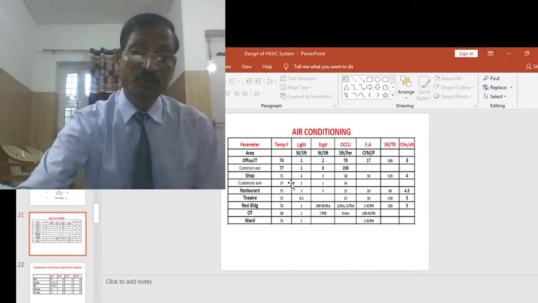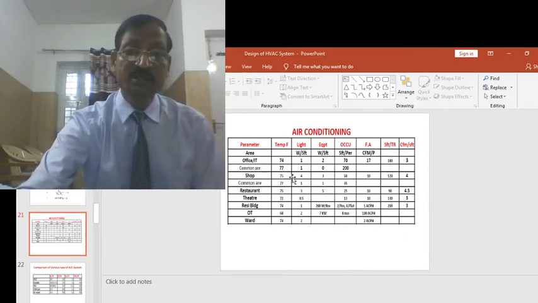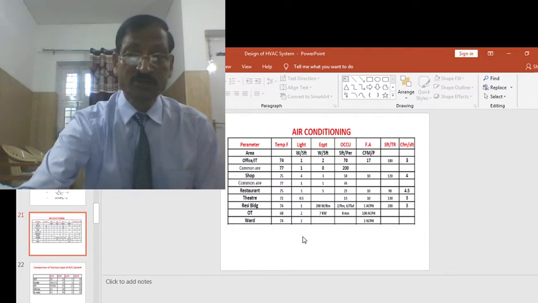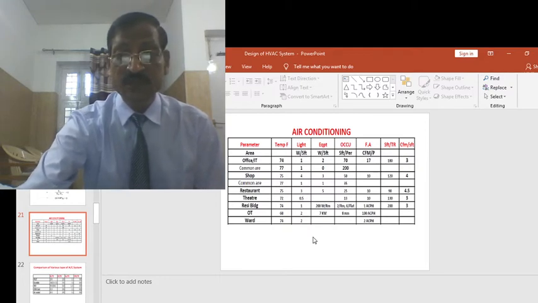For example, for an office and IT building: inside temperature 74 degrees Fahrenheit, lighting load 1 watt per square feet, equipment load 2 watt per square feet, occupancy 70 square feet per person, fresh air requirement 17 CFM per person, and the load comes to around 180 square feet per ton and 3 CFM per square feet.